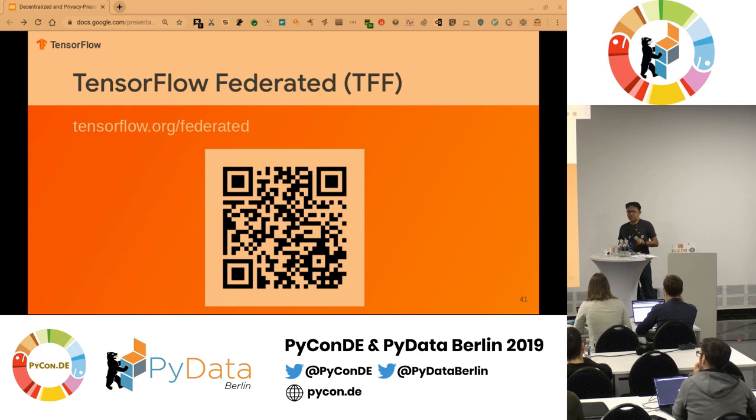So this project can be best built as a community effort, because we have just scratched the surface. We have some building blocks that we've identified, and we have tried to put those building blocks together, and we're continuing to do that. But I think this project stands to benefit immensely from being open source, and that's why. So, tensorflow.org/federated, and there's a link to the GitHub repo and tutorials and introduction and the APIs and everything.